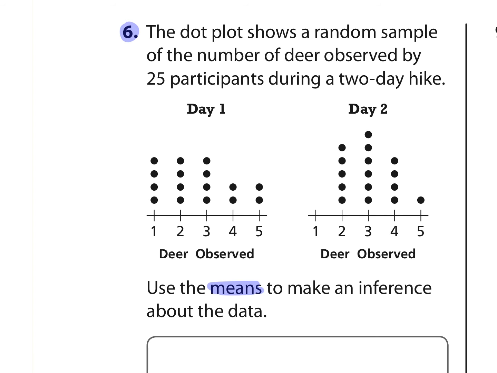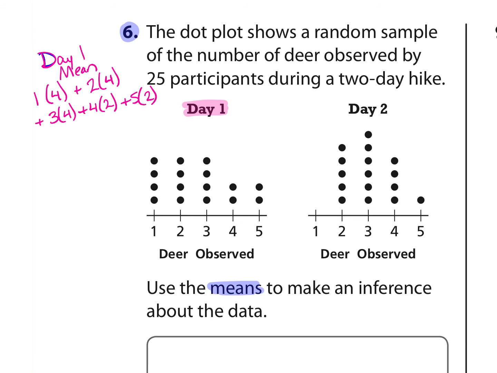So looking at day 1, to get the mean for day 1, we're going to add all the numbers. 1, which there's 4 of those, plus 2, there's 4 of those, plus 3, there's 4 of those, plus 4, there's 2 of those, plus 5, there's 2 of those, equals 42 when we add up the number of deer observed by different people.